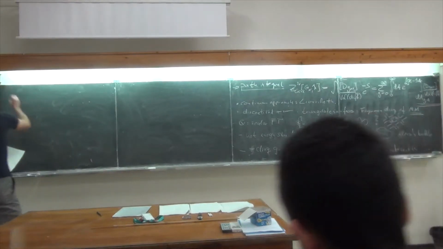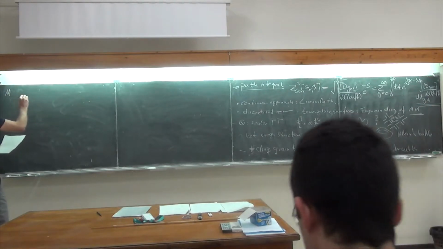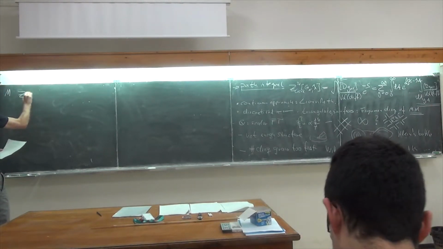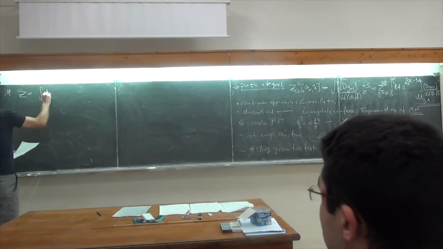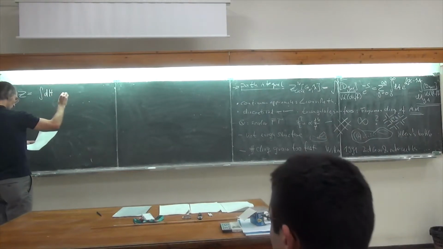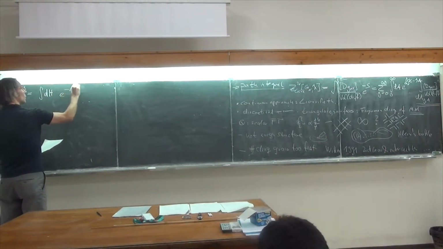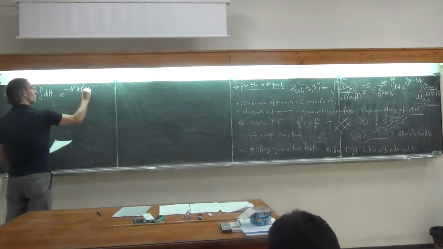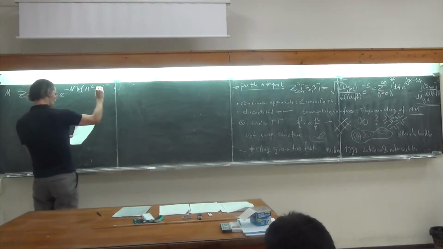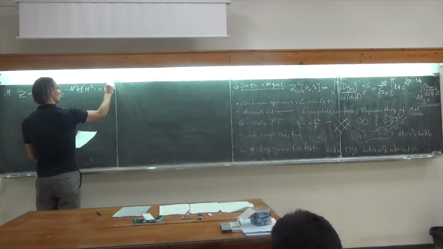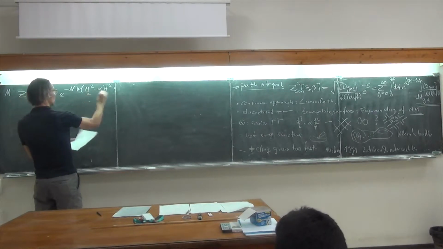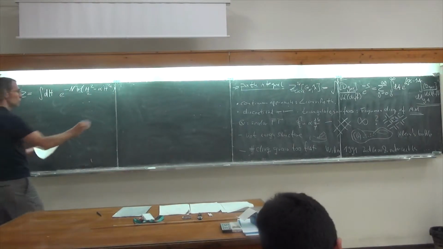Okay, so let's try a matrix model, and we already know matrix models. So let me write this down. We have the Hermitian model, trace of H squared minus H to the fourth, and I put here a half for normalization.